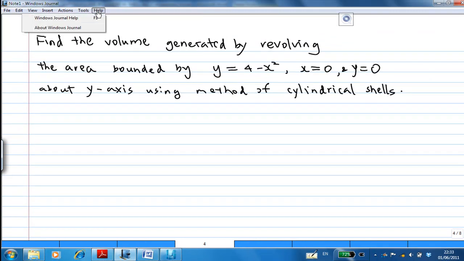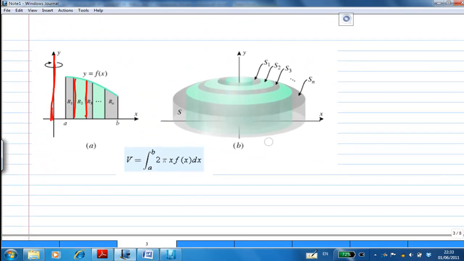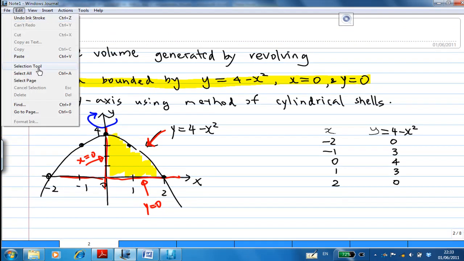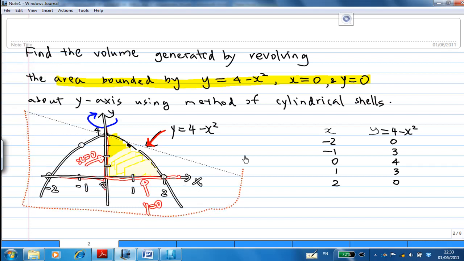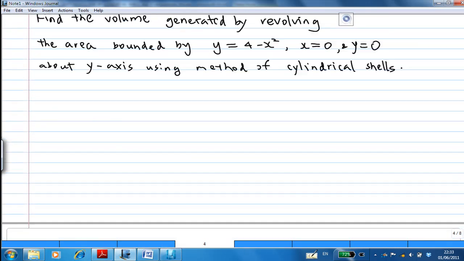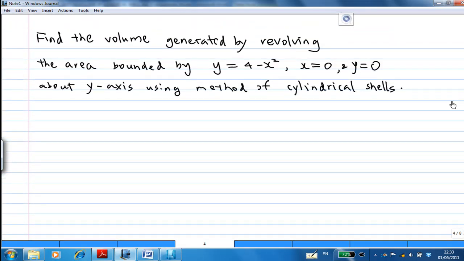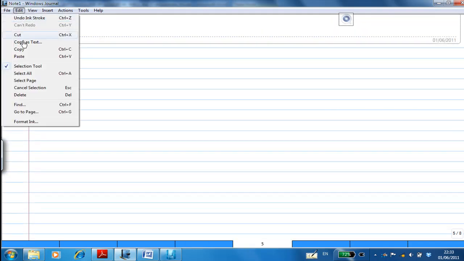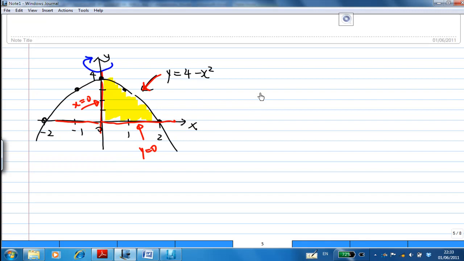Okay, let me redraw the area I'm interested in. This is the area I'm interested in. Let me select them and copy. So the area I'm interested in will be here.